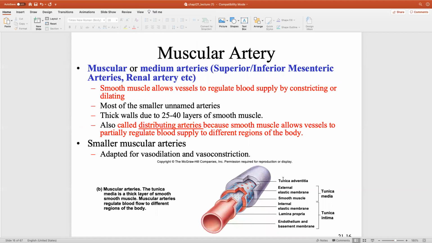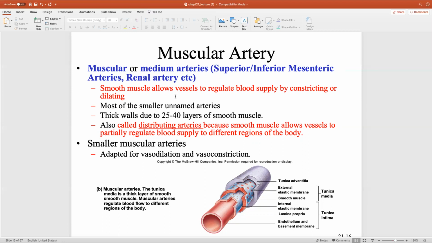Muscular arteries are usually named after the organs that they go to: superior and inferior mesenteric arteries, renal artery, gastric artery, hepatic artery. These muscular arteries contain a lot more smooth muscle, therefore allowing more regulation of blood supply by constriction and vasodilation.